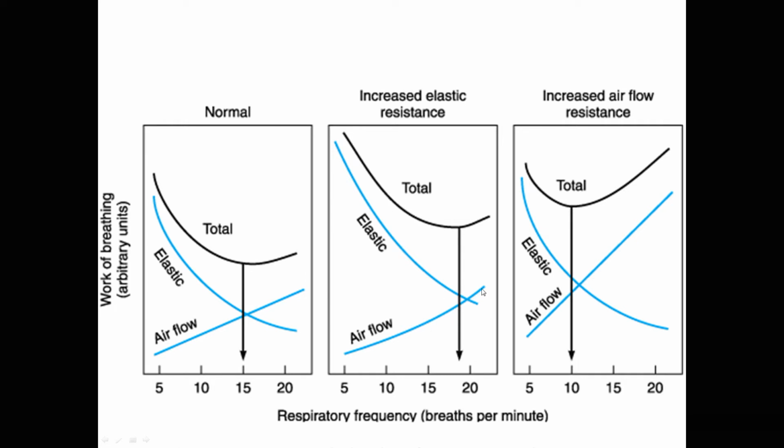In contrast, if the airflow resistance increases, a displacement of the total curve will also be observed. The resistive force impact is minimized by slow breathing with a large tidal volume, by a decreased frequency of breathing, as shown on this figure.